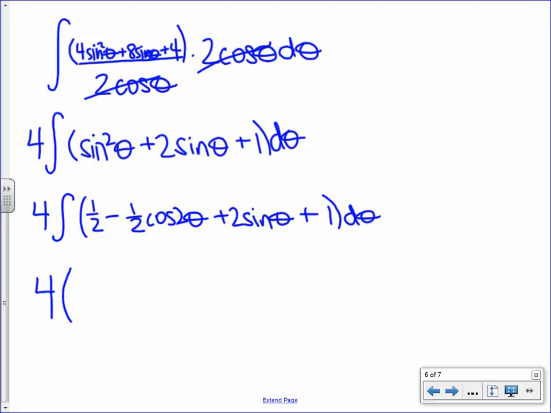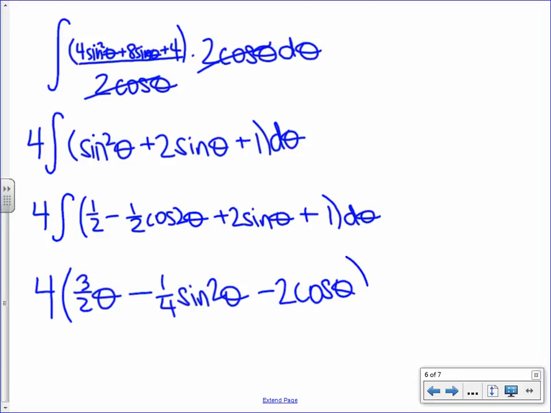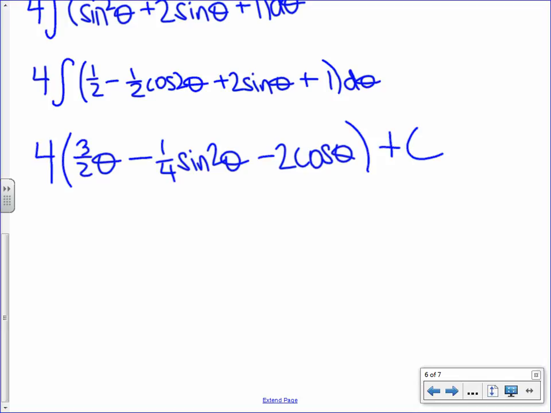That makes 3 halves, and when we integrate it, we get minus the antiderivative of 1/2 cosine of 2 theta, plus a negative 2 cosine of theta. You see why I like the whiteboard?